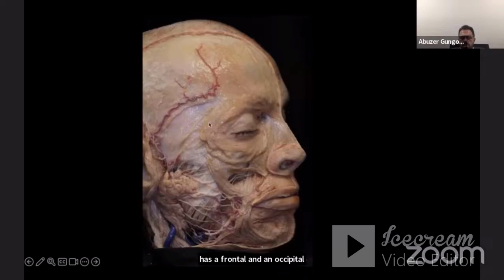And then we have the orbicularis oculi, the corrugator supercilii, the levators, the zygomaticus minor and major, and the orbicularis oris right here, the depressor anguli oris as well.